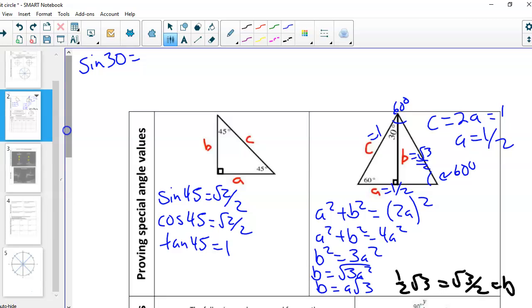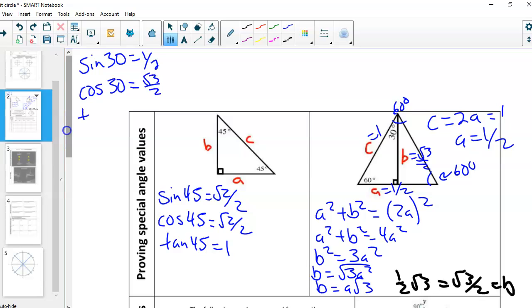Without using your calculator, opposite over hypotenuse, 1/2. The cosine of 30 is √3/2.